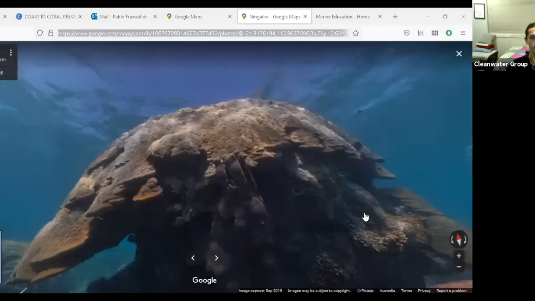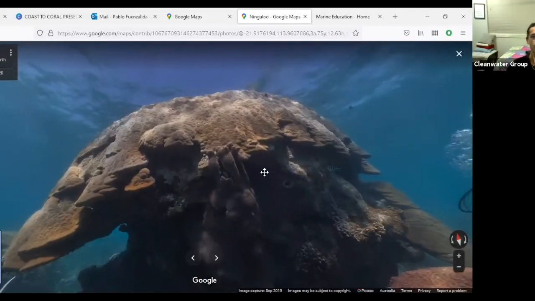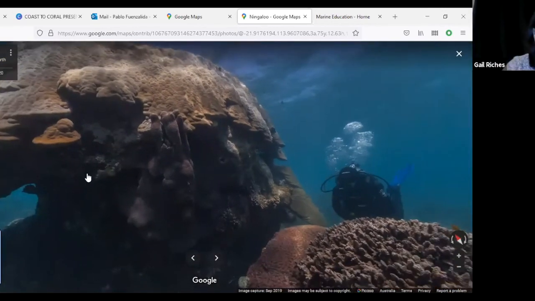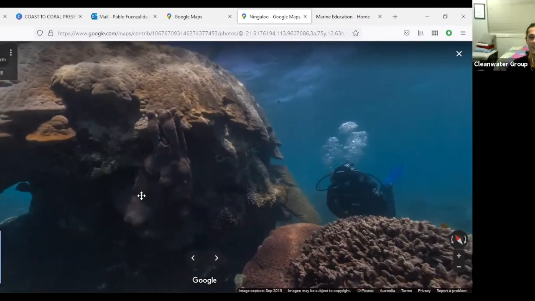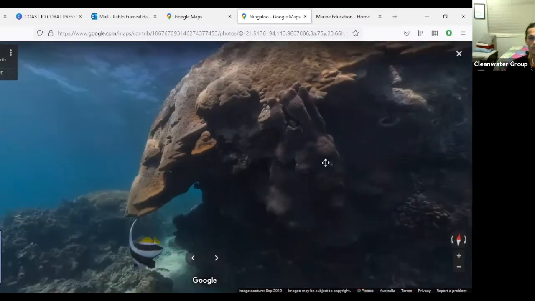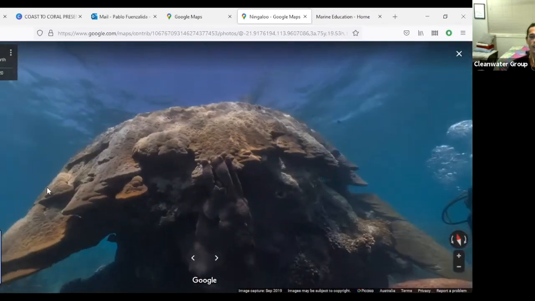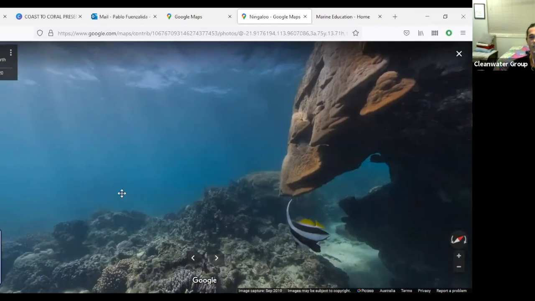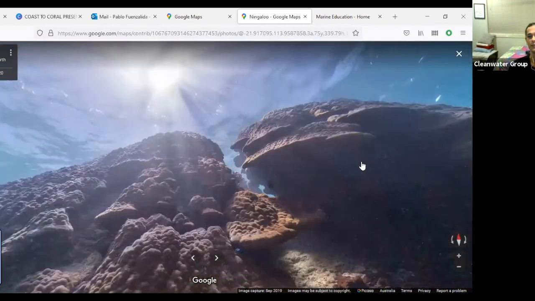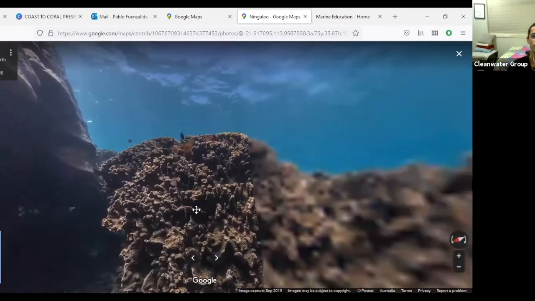If anybody's bored and they want to hop on to a Google Street View of underwater, seeing one of those photos made me remember an awesome website that I found of these cool corals. It's like walking along a street in a different country. You can go scuba diving from the comfort of your own home, really.